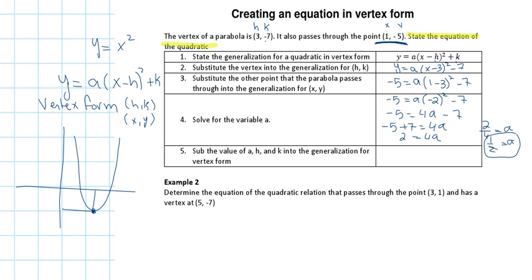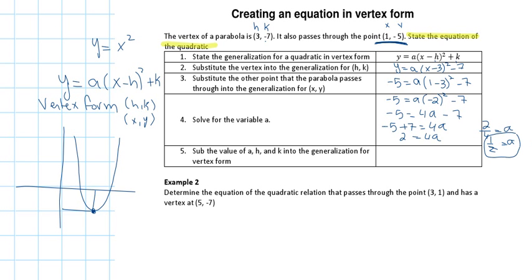I see some faces that are looking at me. No, because you want to isolate the a. So you want to get rid of whatever is with the a, right? You don't want to get rid of this. You want to get rid of this. Think about it this way.